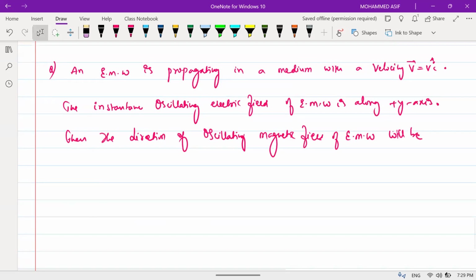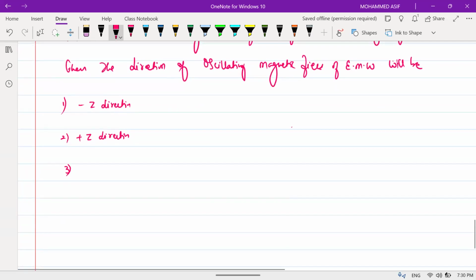I'm giving you the options. First option is negative z direction. Second option is positive z direction. Third option is negative y direction. And fourth option is negative x direction.